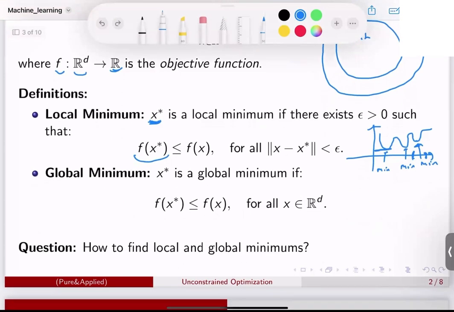A global min, however, is a point where f takes the smallest value for any x, not just in a neighborhood of that minimum. It takes the smallest value everywhere. So if you were to choose any point in R to the D in the domain, the value of f would be bigger than or equal to the value of f at that global min.